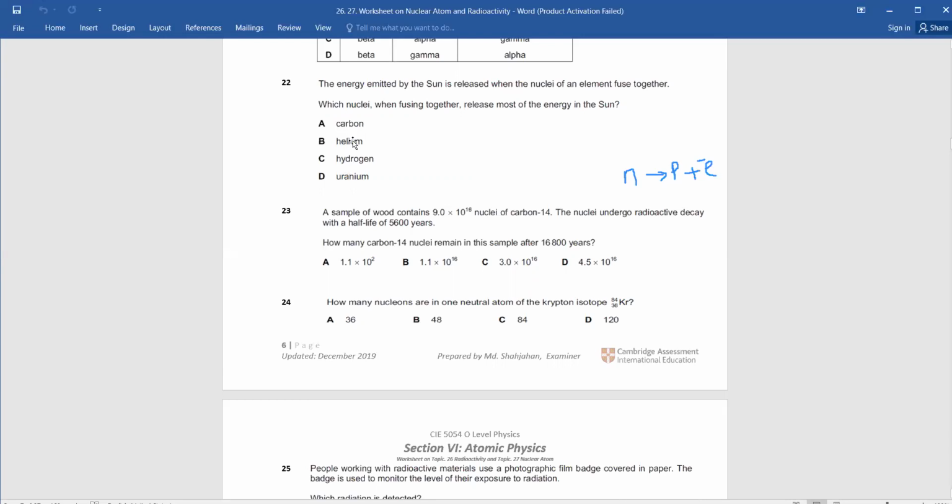We are getting helium from hydrogen. 2 hydrogen nuclei joined together to form a helium. So hydrogen is the lighter nuclei and helium is the heavier nuclei. Got it now? Okay. Yeah, got it.